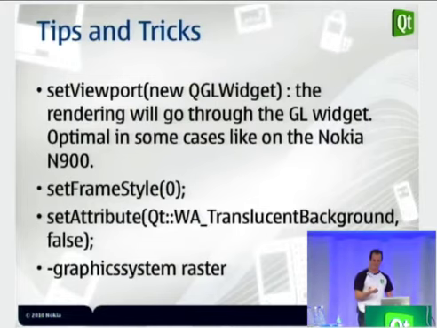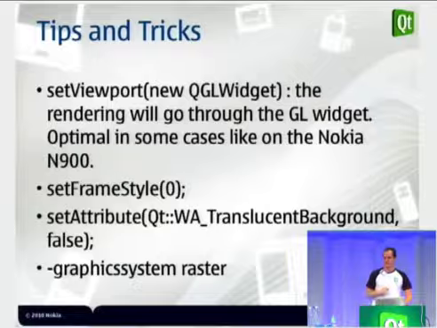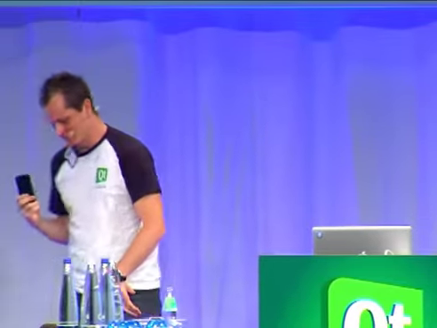But why would you want to deactivate it sometimes? Because on the N900 again, if you set it to true, even if you draw a background which is completely opaque, the window compositing will try to compose it like crazy to actually do translucency, even though you draw an opaque surface on top of it, right? And then your FPS drops like crazy.